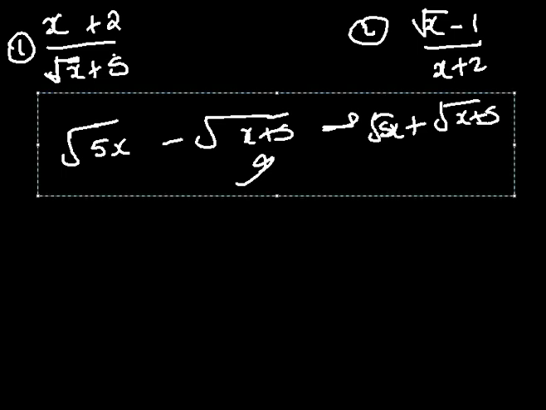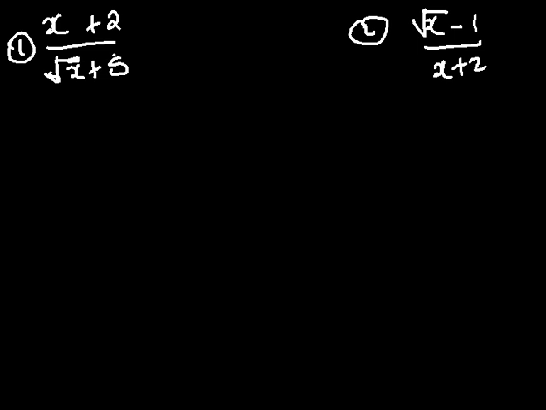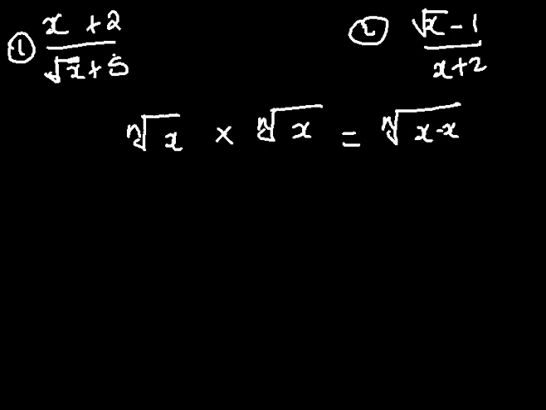And also another thing you should understand about rationalization is that if we have the nth root of x times the nth root of x, since these roots are of the same index, then this is the same as the nth root of x times x, which is the nth root of x squared.